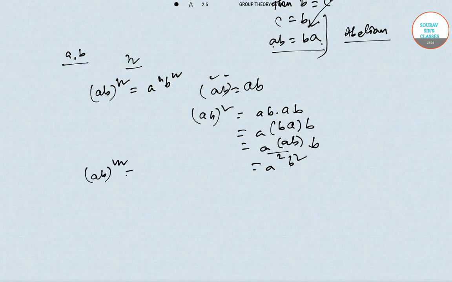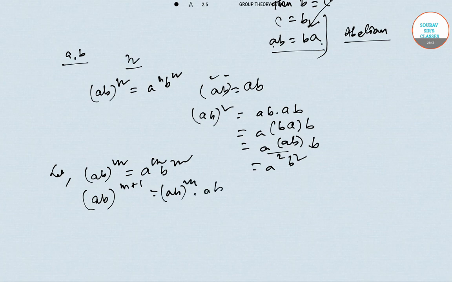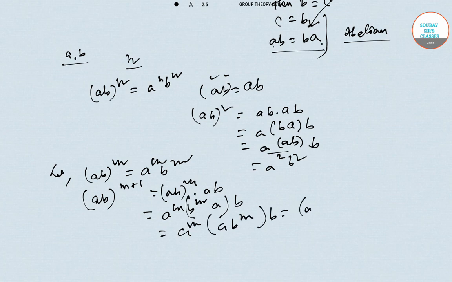So suppose (ab) to the power m equals a to the power m, b to the power m. Then (ab) to the power m plus 1 is (ab) to the power m into ab, which is a to the power m, b to the power m, a, b. Taking these together, a to the power m into a and b to the power m into b, we get a to the power m plus 1 into b to the power m plus 1.